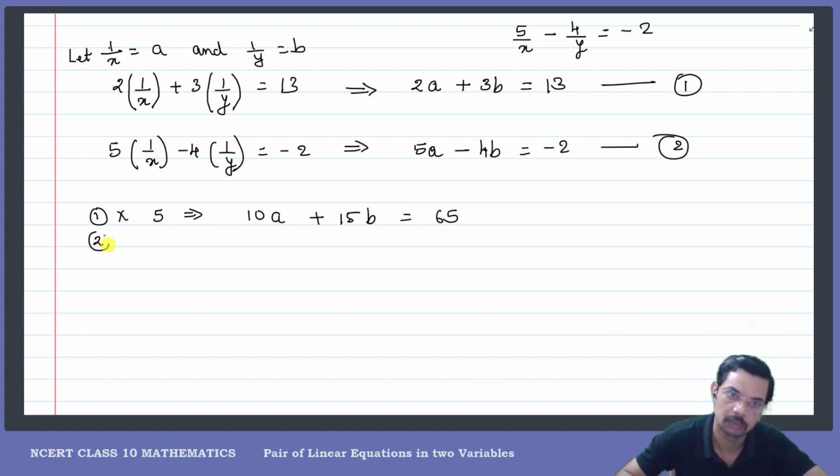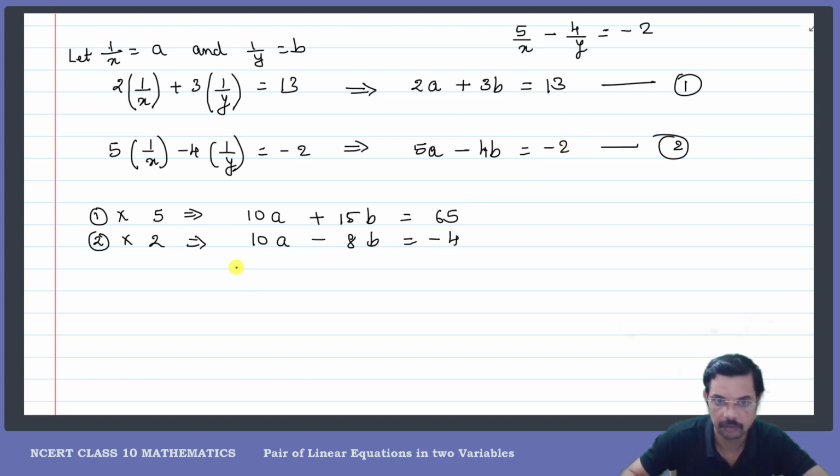Equation 2 multiplied by 2, I'm trying to make the coefficients of a equal. So 5 into 2 will be 10. So I'm getting 10a minus 4 2s are 8b, and that will be equal to 2 2s are 4, minus 4.